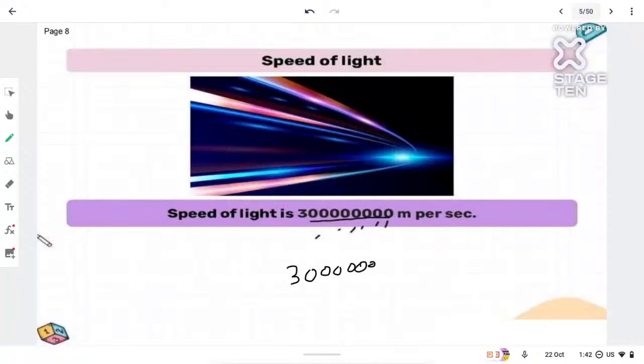3 followed by zeros. You can understand, so many zeros. How many zeros? Let's try to calculate it in the number system. 1 2 3 4 5 6 7 8, 8 zeros.